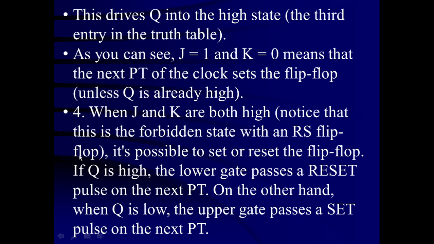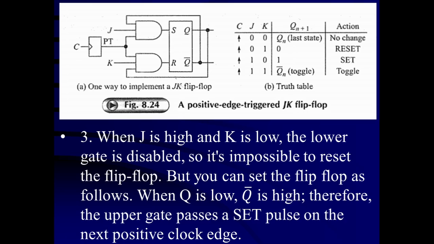So that we can study here. Third condition: when J is high and K is low, the lower gate is disabled, so it is impossible to reset the flip-flop. But you can set the flip-flop as follows.